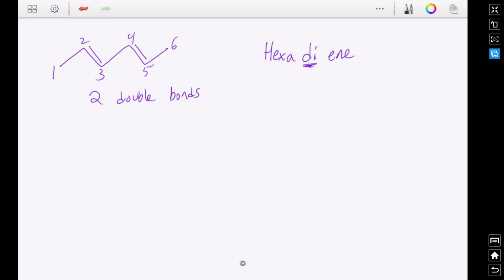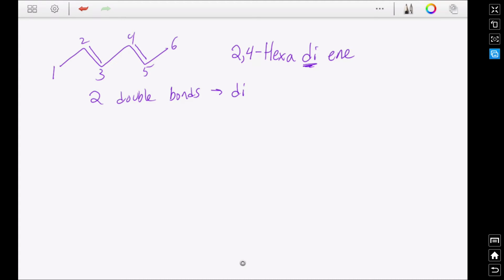Two double bonds means we stick a di in front, and then where the double bonds are located, we put that in front. The double bonds are located at carbons 2 and 4.